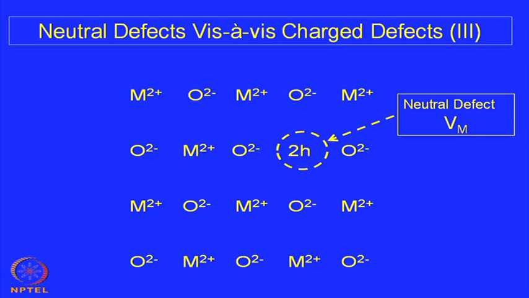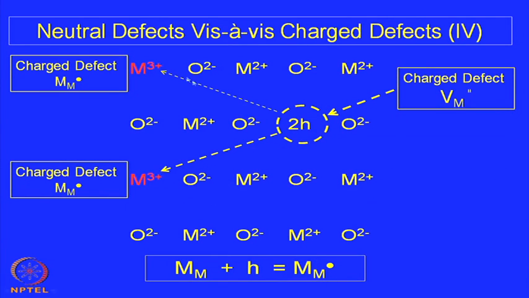Basically, holes are nothing but the deficiency of electrons. So here H means a hole, which is positively charged, a deficiency of electron. So 2 holes have been left behind, that means 2 positive charges, and a neutral vacancy has been created.